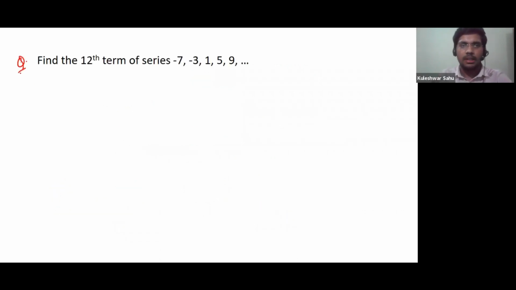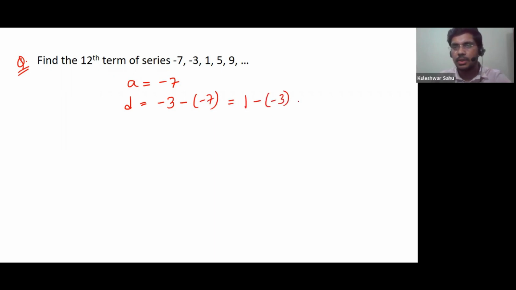Question number 1 from arithmetic progression says: find the 12th term of the series minus 7, minus 3, 1, 5, 9, and so on. So here the first term is going to be minus 7. Common difference, you can write anything like second term minus first term, or third term minus second term, or fourth term minus third term.